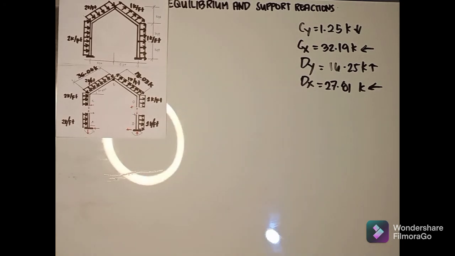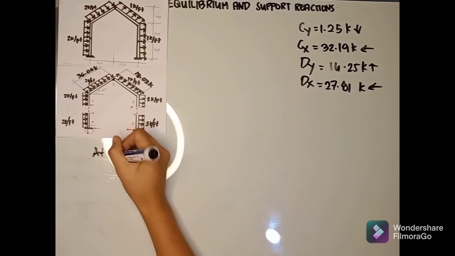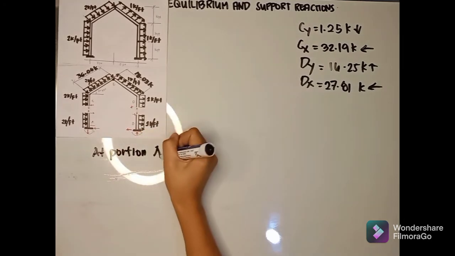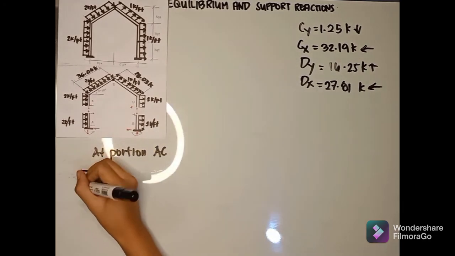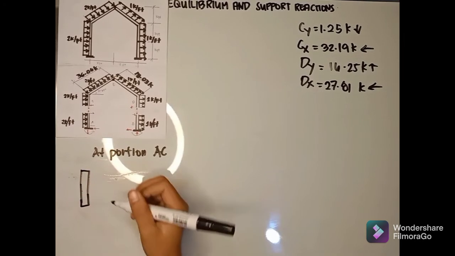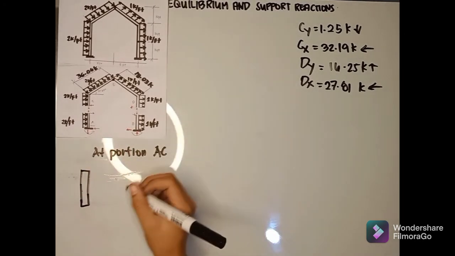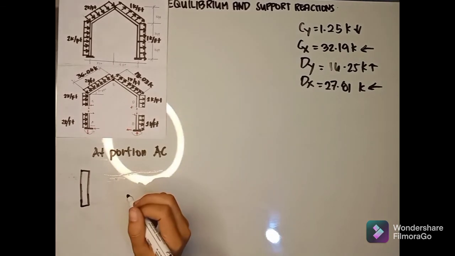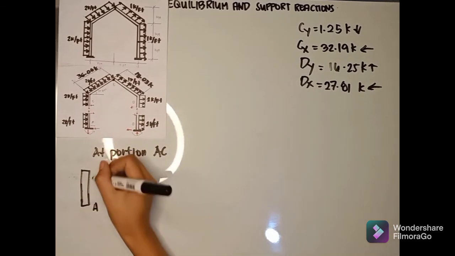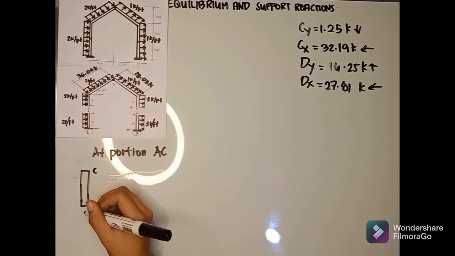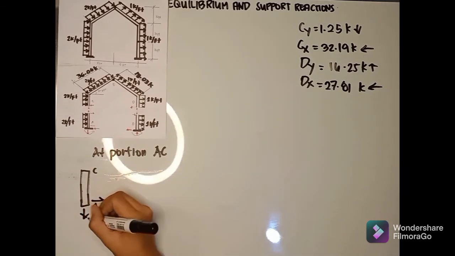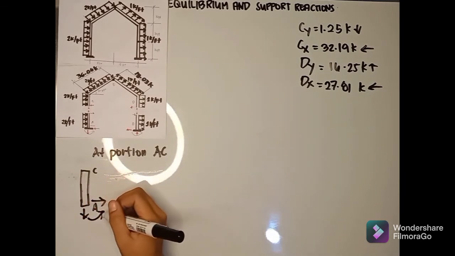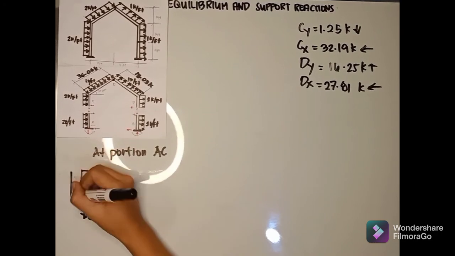So, at portion AC, so our free body diagram here at portion AC, these are our assumption for the direction of the forces.